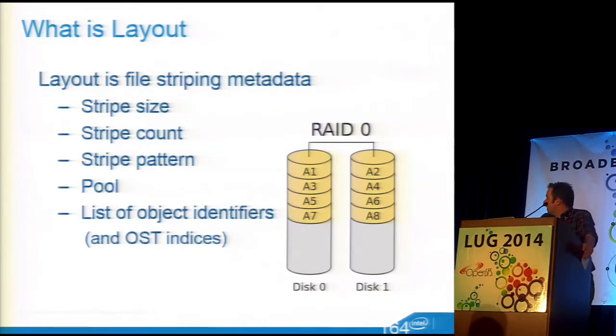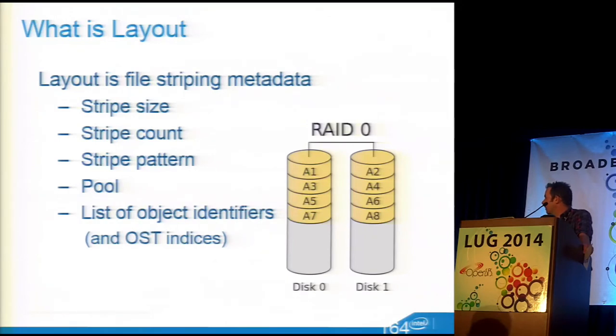What is it? It's file striping metadata. So in Lustre, we stripe file data over one or more objects, and we do that for bandwidth and capacity. So it's analogous to RAID 0, but with objects instead of disks.